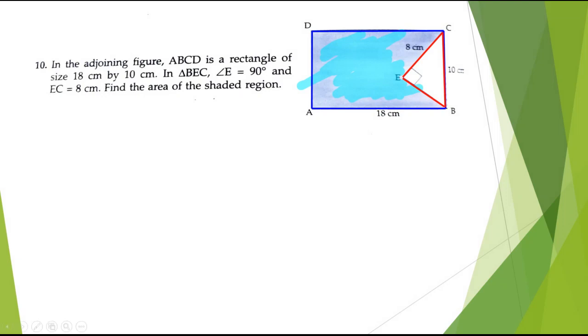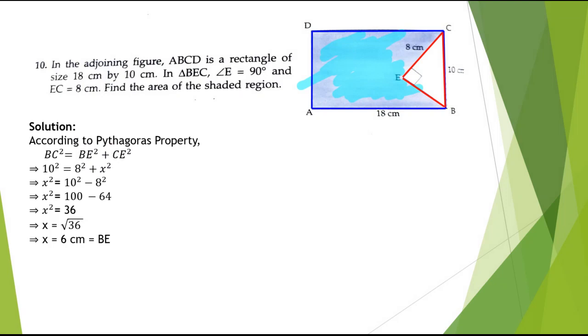So let us calculate the two areas. But here one thing is missing. What is that missing thing? You have this side missing from this triangle. So can we calculate that? Since it is a right angle triangle, we again apply Pythagoras property to calculate the missing side. BC square equal to BE square plus CE square.